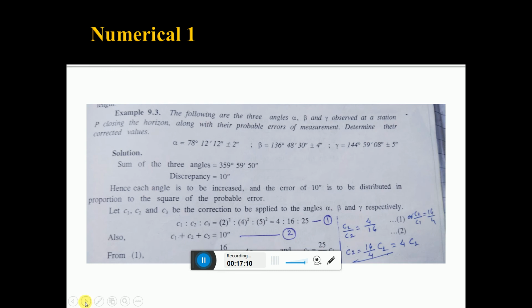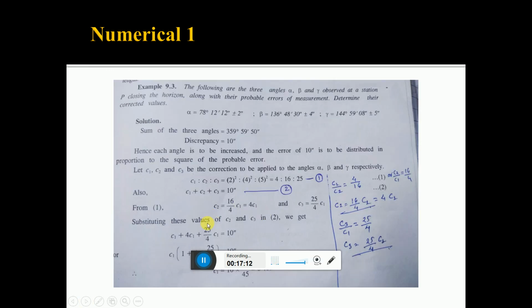Then express C2 in terms of C1, and express C3 in terms of C1, using equation 1. Using equation 1, I can write C2 upon C1 is equal to 16 upon 4. Therefore, C2 is equal to 16 by 4 C1.